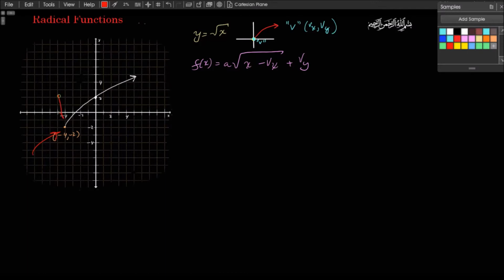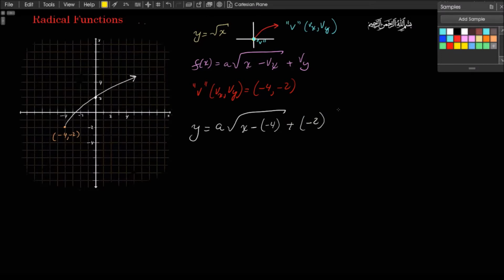Oh, here it is. So the vertex. So that was easy enough. So the vertex, or the pseudo-vertex, is -4 and -2. That was pretty easy. So now we can write our working equation. So we can say y is equal to a times the square root of x minus vx. In this case, vx is -4, plus vy, which is -2.